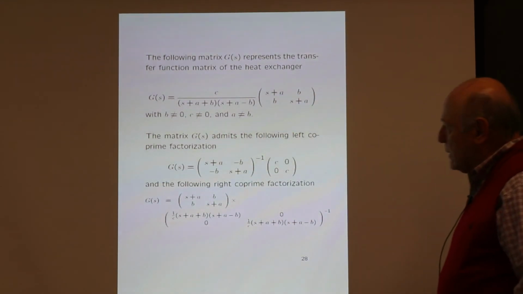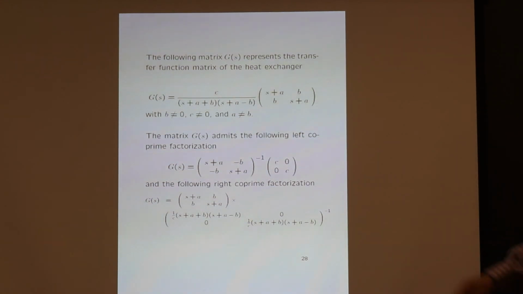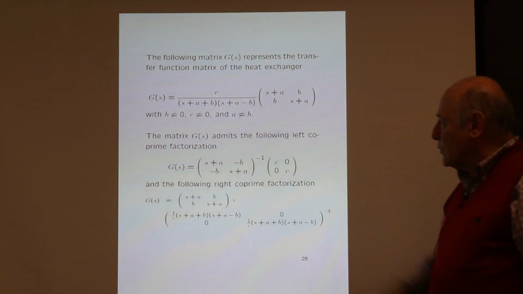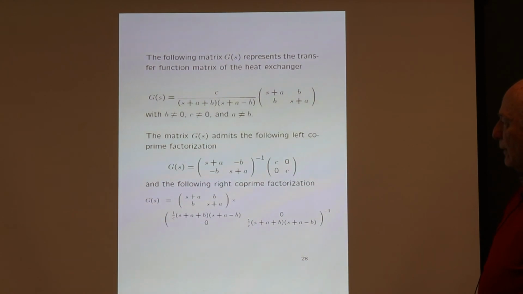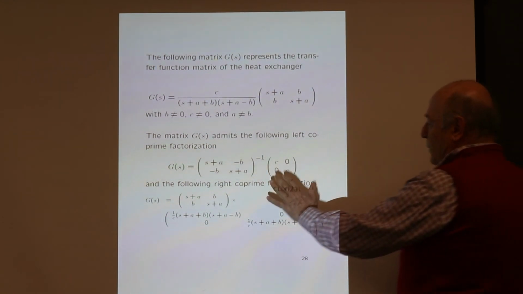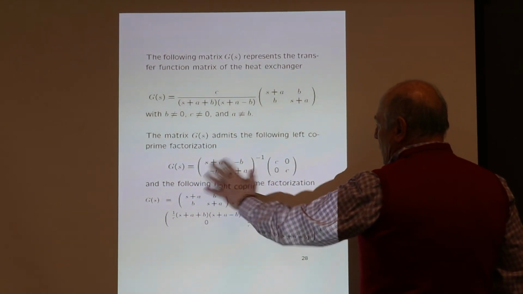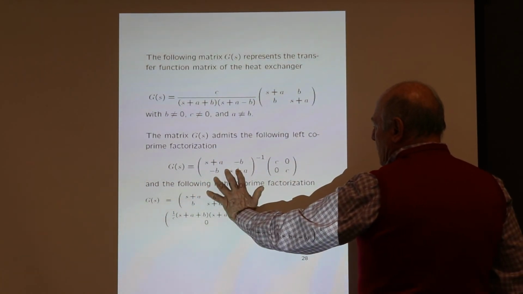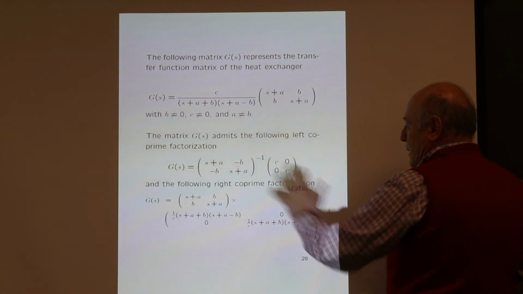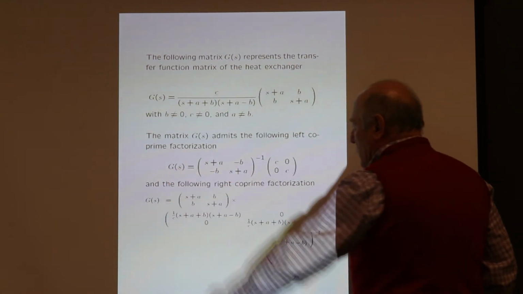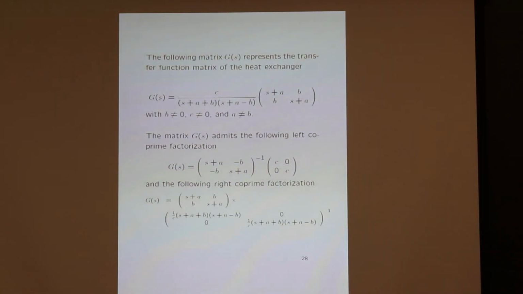And of course, in this case, it's easy to see that the matrix of transfer function representations will have a factorization, a left coprime factorization. The left coprime factorization in this case goes like that. If you invert that matrix and multiply it by this, you will have the same G that we were describing up here.